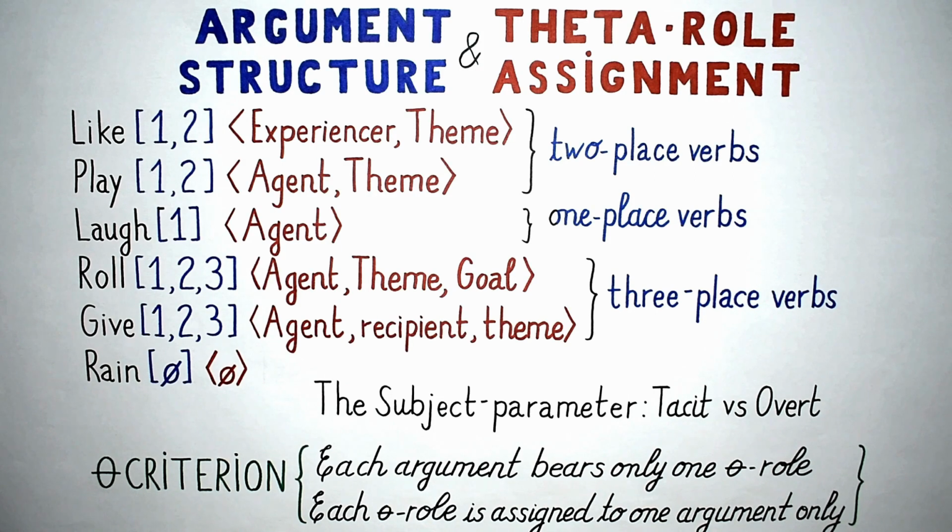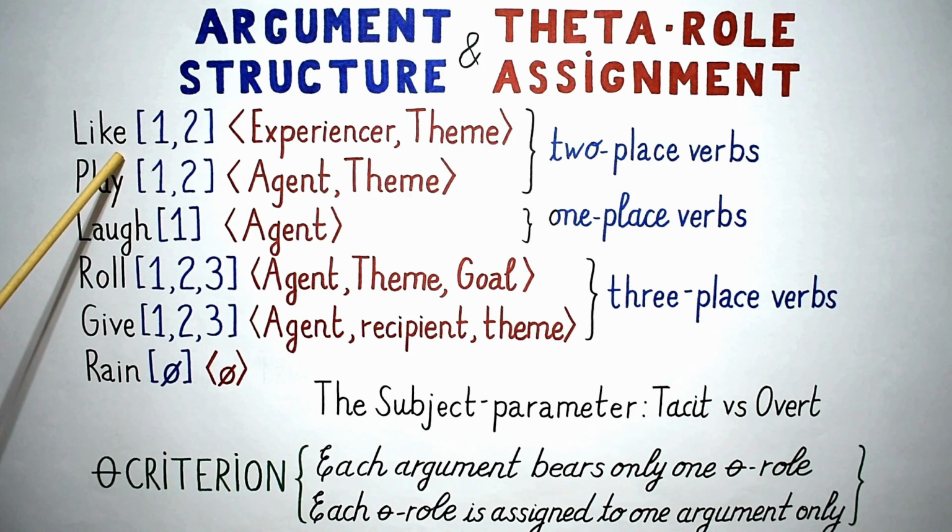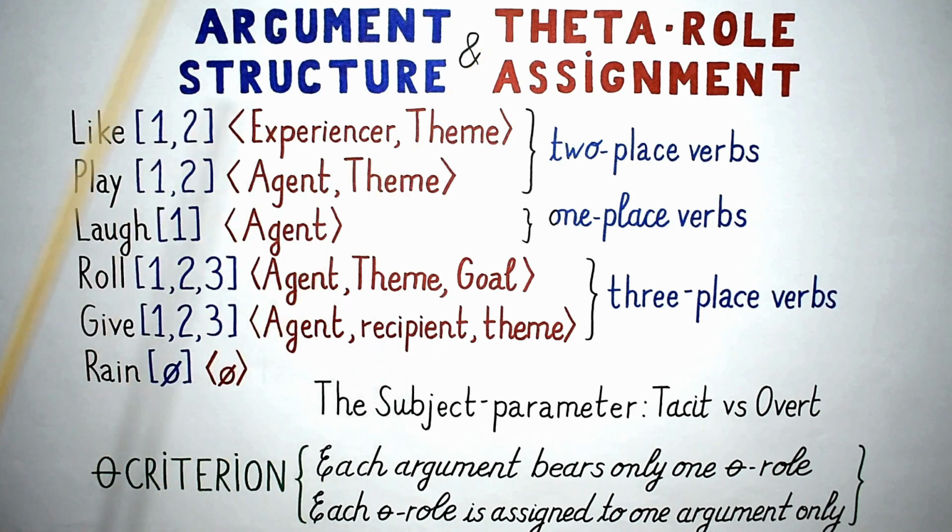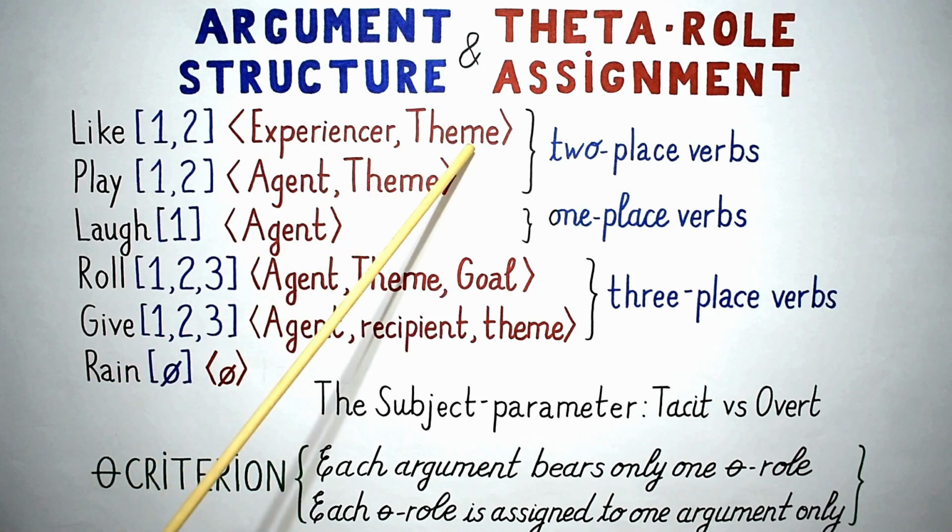Therefore, like is a verb that has two arguments, 1, 2. That is, it is known in the literature as a two-place predicate, with an experiencer and a theme argument.